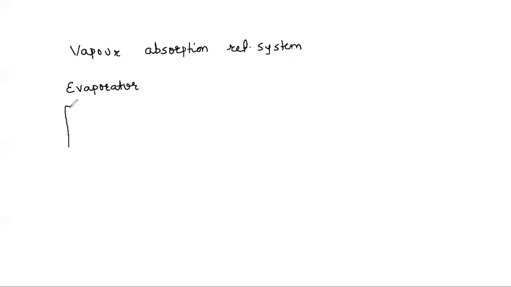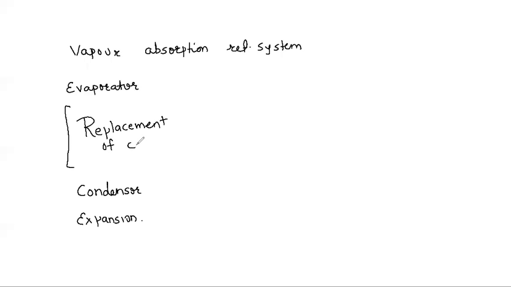That something is to be written down here. Then you have a condenser, and you will have an expansion device. So I will write down that this is the replacement of the compressor. If you understand the replacement of the compressor, then you will understand what a vapor absorption refrigeration system is.